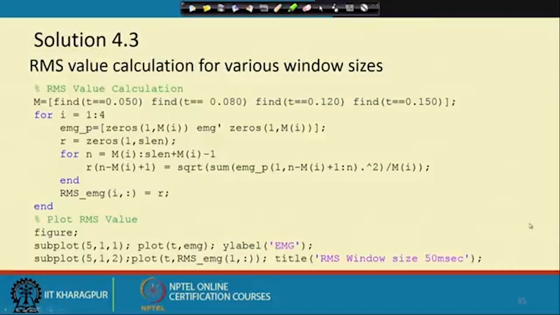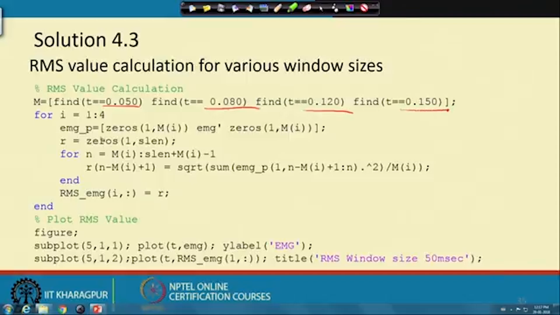Now, the next part is the RMS calculation, as we have done in the previous assignment. We are taking 4 different window values: 50 millisecond, 80 millisecond, 120 millisecond, 150 millisecond.